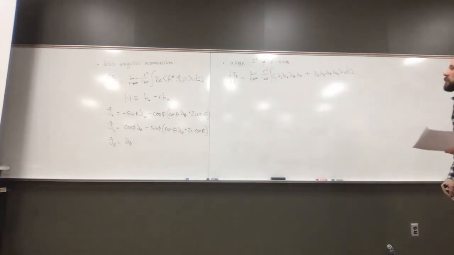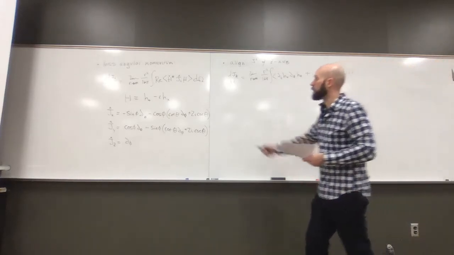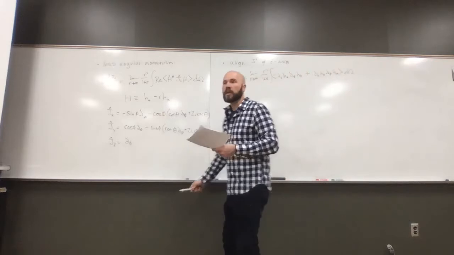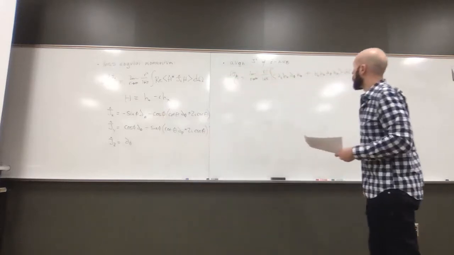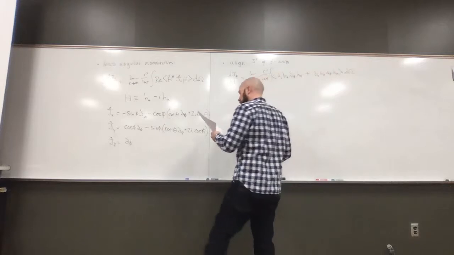So that's a much simpler expression if we specialize to Cartesian coordinates and align the angular momentum with the z-axis and express things in terms of our polarization amplitudes here. That's what you get. No more complex conjugation necessary.